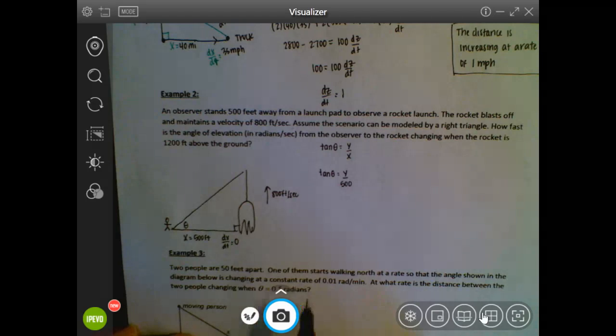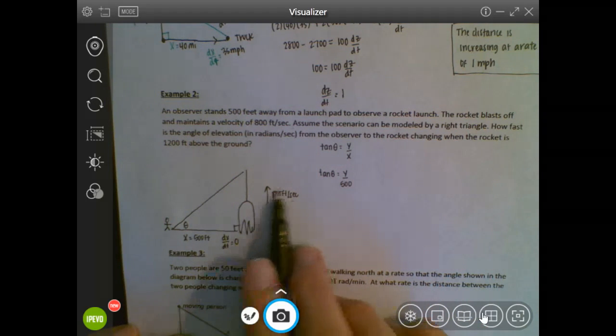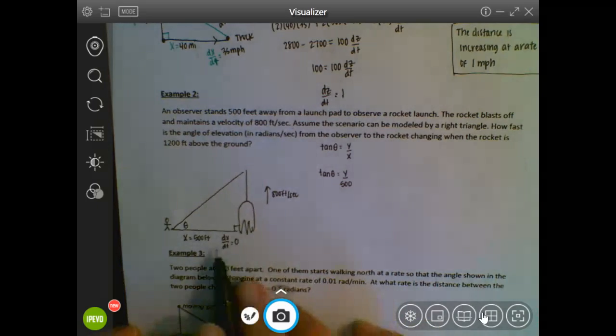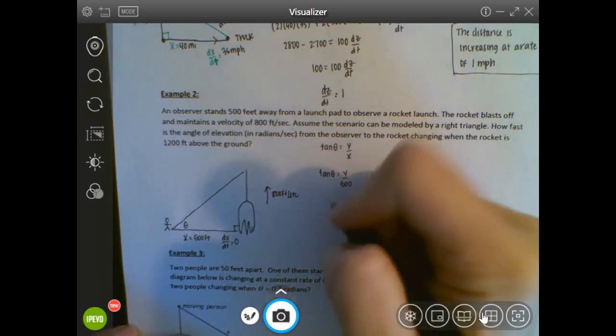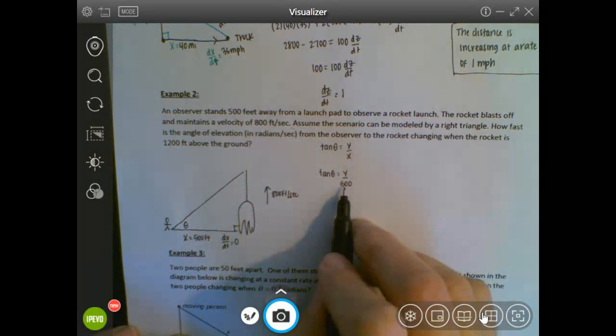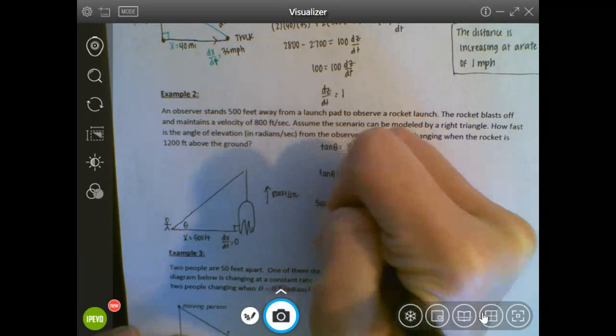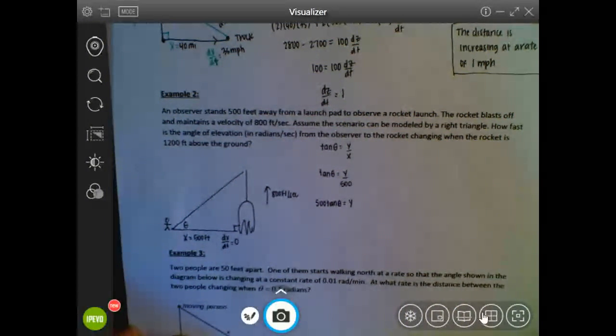So then I can go ahead and take the derivative of this, because I know I have a rate of change here and a rate of change here. I'm just going to clear this fraction by multiplying each side by 500, so I don't have to use any sort of quotient rule.